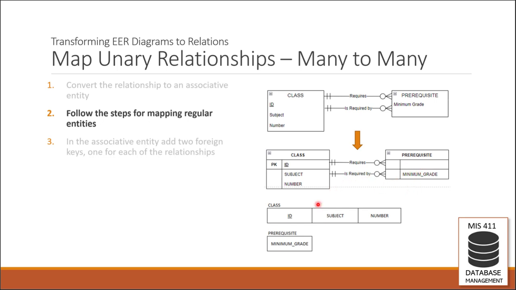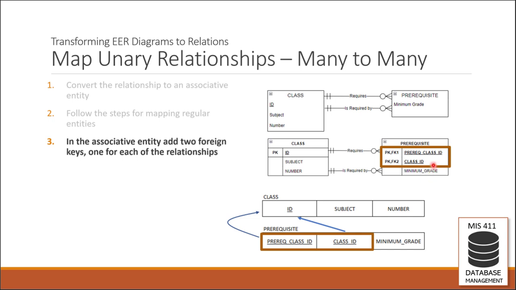Then we're going to add the foreign key relationships. In the section on associative entities, we had a foreign key relationship to each of the other entities, right? Prerequisite, in this model being between two class entities, actually has 2 foreign key references to the same relation, the same table.